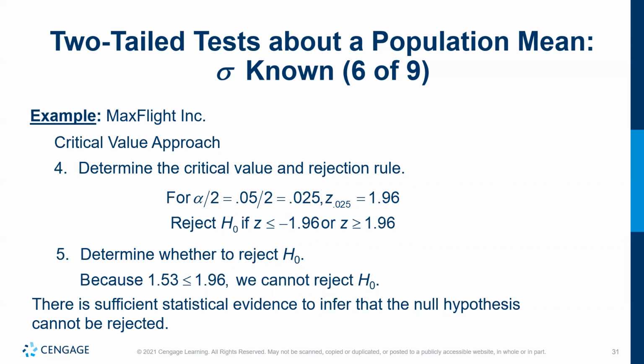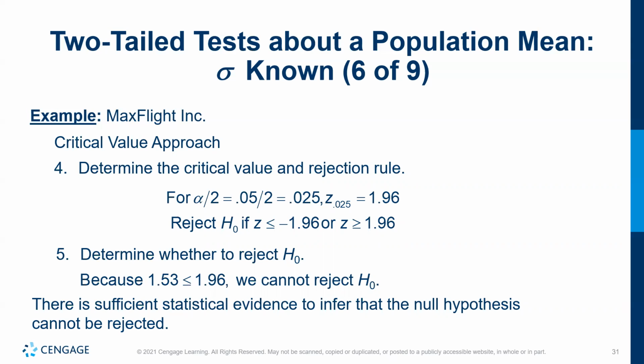But so here's our critical value approach. Okay. So we would first determine our critical value, which is the alpha divided by 2, and then find the Z score for that. So if alpha is 0.05, we divide it by 2 to get 0.025 and take the Z score of 0.025, it'll be plus or minus 1.96.